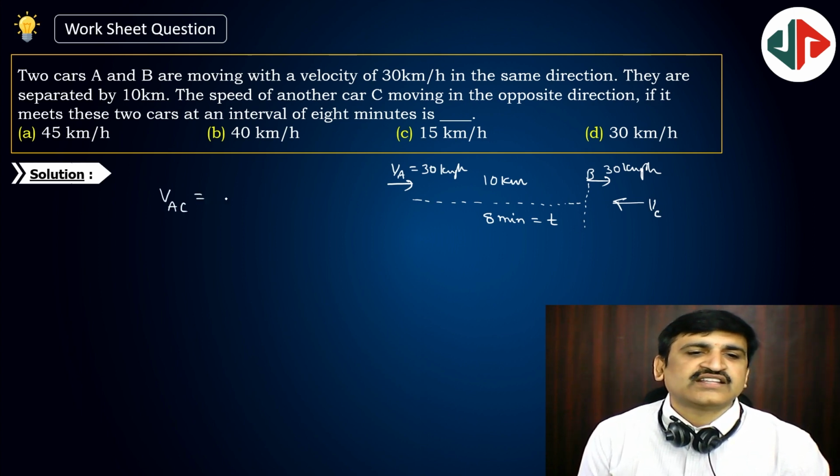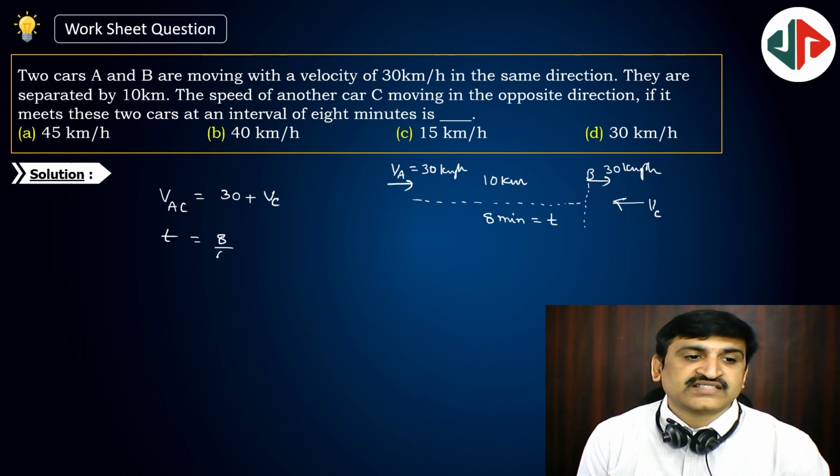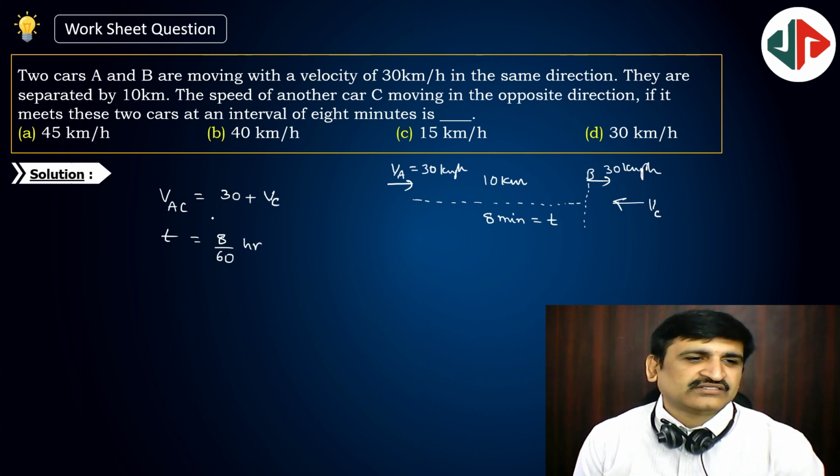VAC is equal to, they are moving in opposite direction, so obviously it is going to become 30 plus VC. That is relative velocity, and time taken is equal to 8 minutes by 60, so that it's in hours, because everything is in kilometers. And distance S is equal to 10 kilometers.